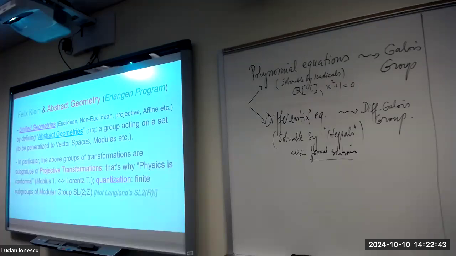And then he defined abstract geometries, said briefly. An abstract geometry is a group acting on a set that makes that set a space in the sense of geometry, meaning that in that space you know what transformations are allowed and which ones are not allowed.